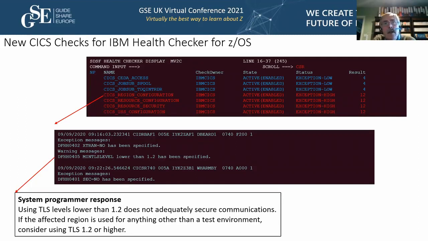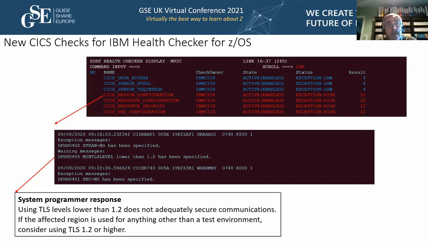So in red there, although they don't appear in red on the CK screen, the health checker screen, are the new CICS checks. There are 4 of them. And if you look inside those, you will see each of the regions that have got 1 or more errors with them.